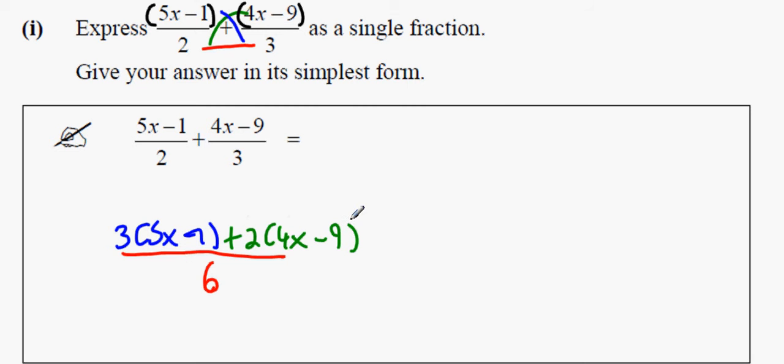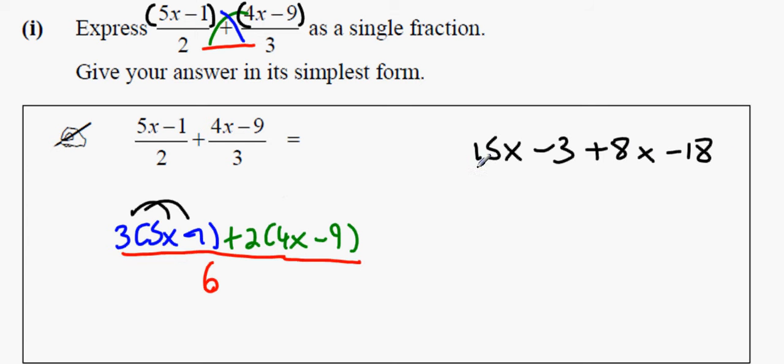Okay? Now we're going to multiply these out. So 3 by 5x is 15x. 3 by minus 1 is minus 3. 2 by 4x is 8x. 2 by minus 9 is minus 18. This is all over 6.